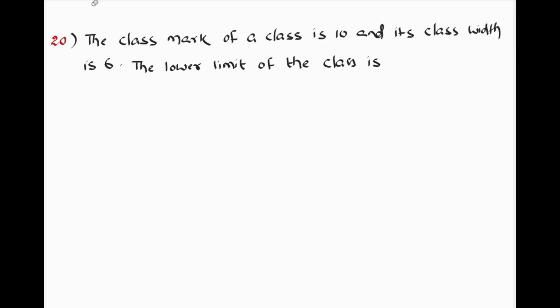In the problem, the middle value of the class is 10, and the width or height of the class interval is 6, and we have to find the lower limit.